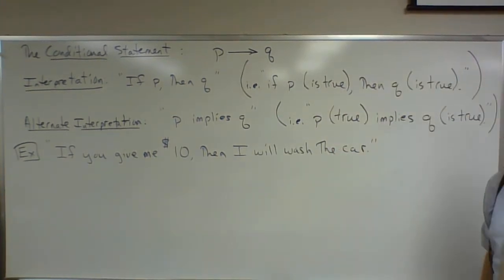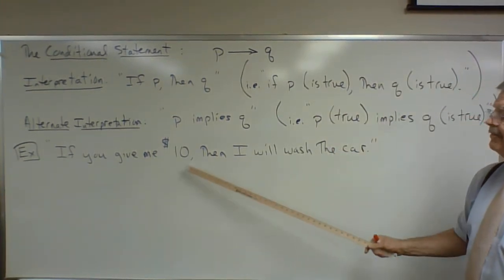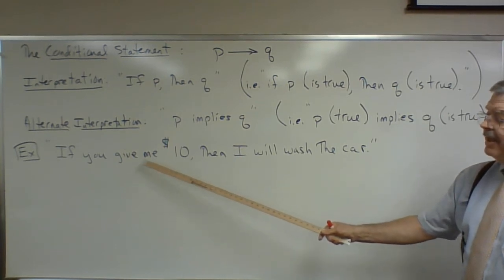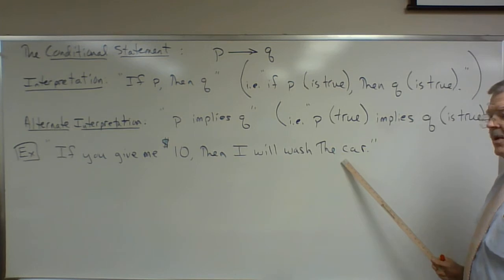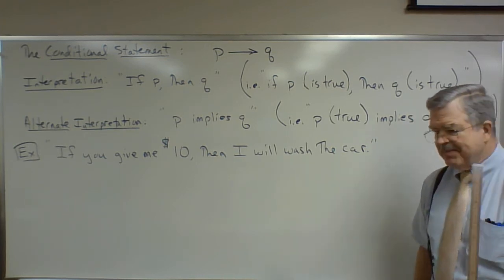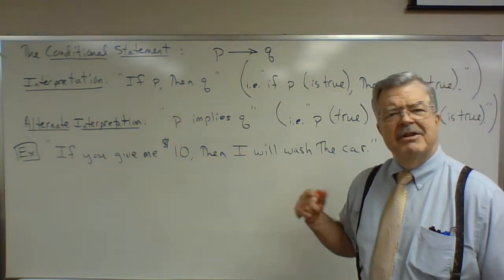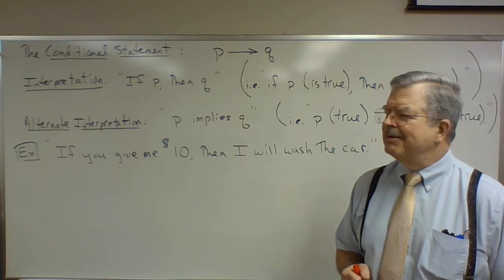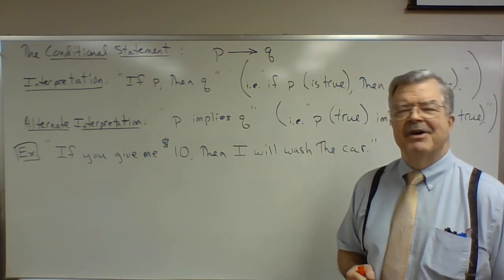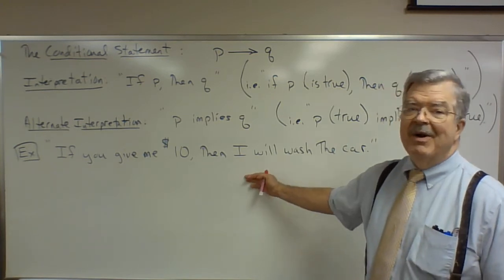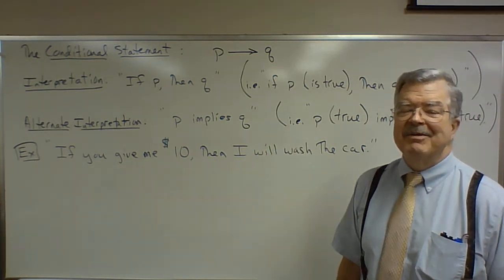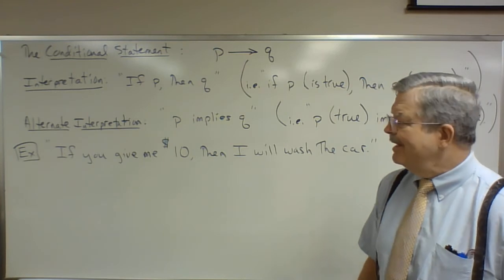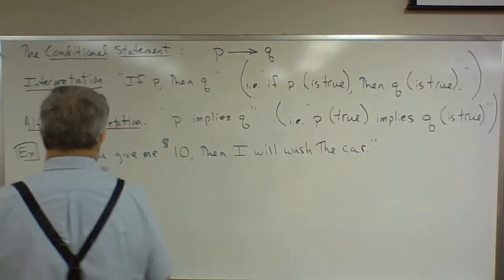Here's an example of an if-then statement. If you give me $10, then I will wash the car. This is me talking to my father, and apparently I'm not a very appreciative son. I'm not going to wash the car for nothing. I'm going to make sure he pays me $10 before I do it.